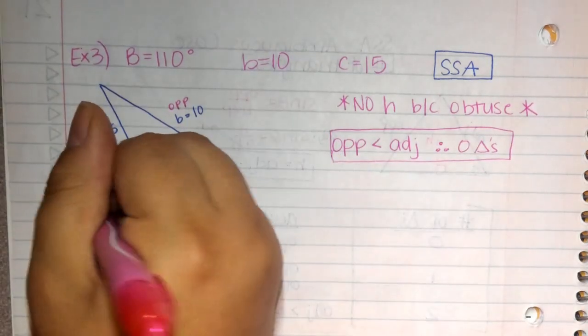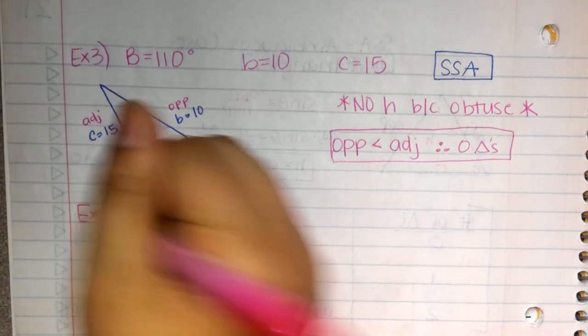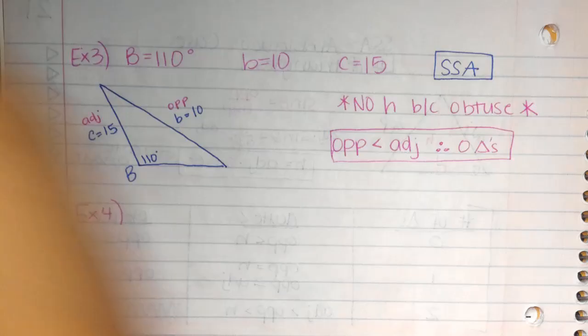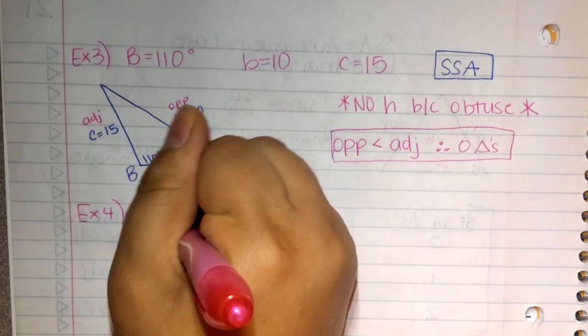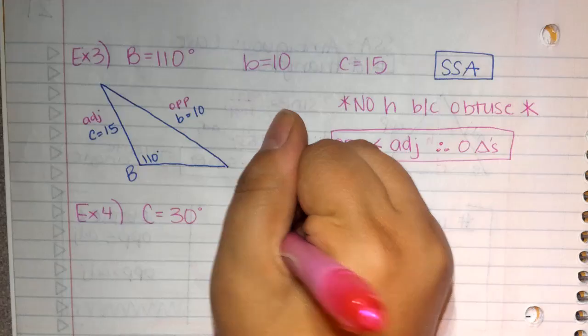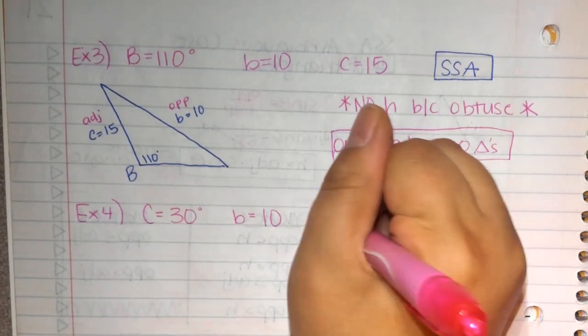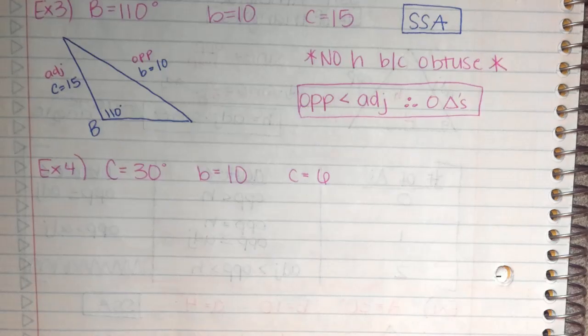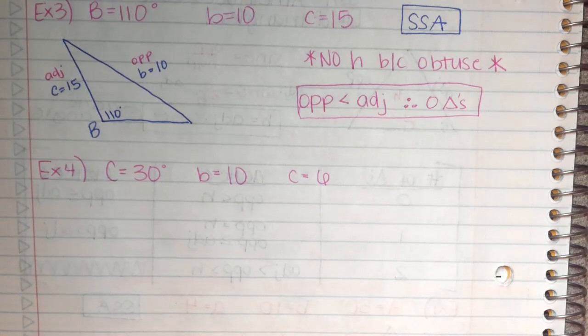Alright, last one we're going to do is example 4. I might add some another day on here, but for right now, this is all we're going to do. Can you please draw this triangle?